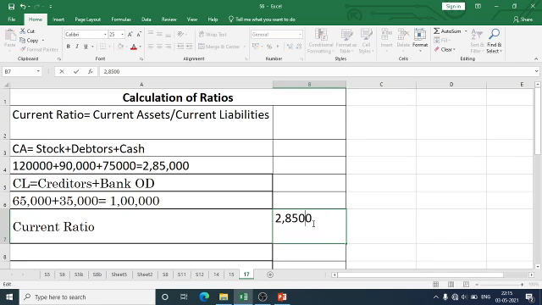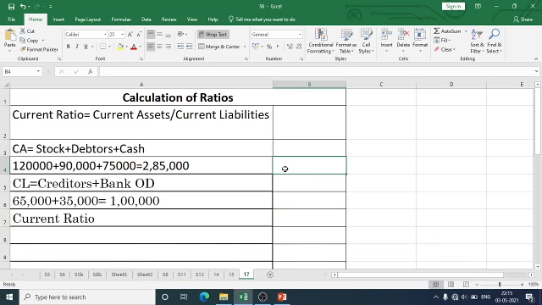So you can get that calculation here. If you write the total 2,85,000 and current liability 1 lakh, so current ratio is equal to current asset 2,85,000 upon current liability, I think you will get 2.85.